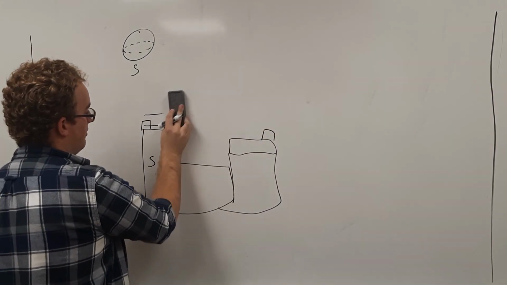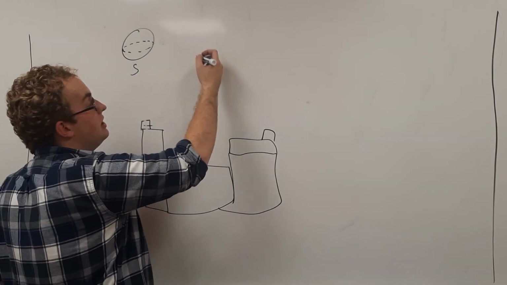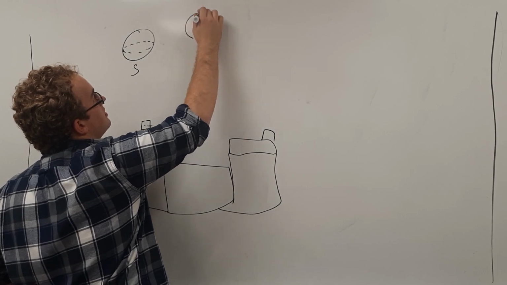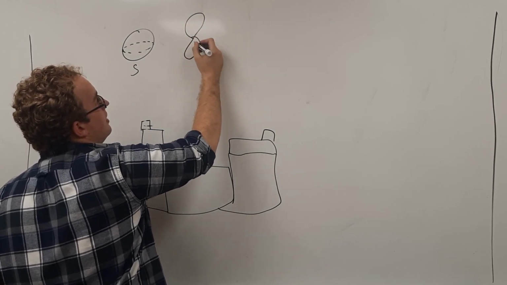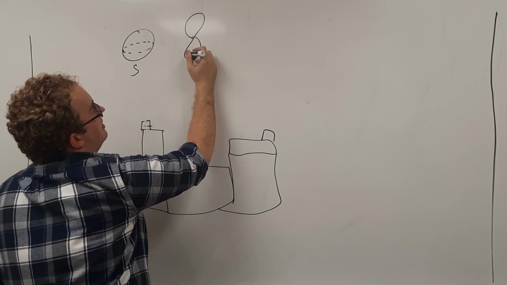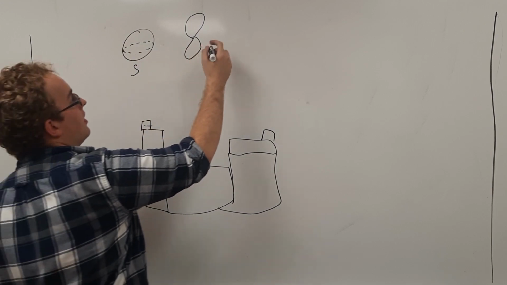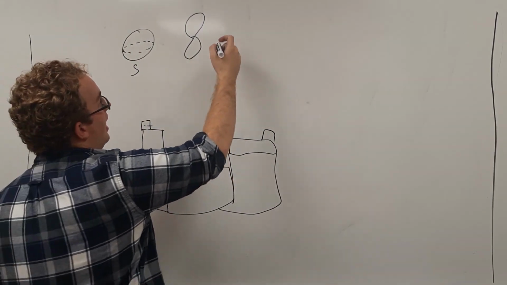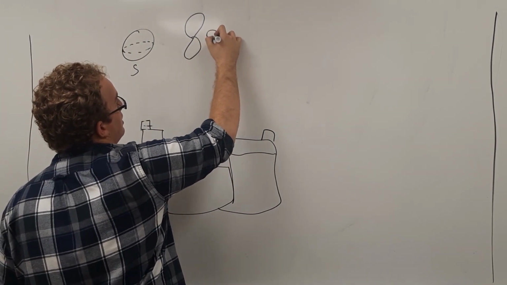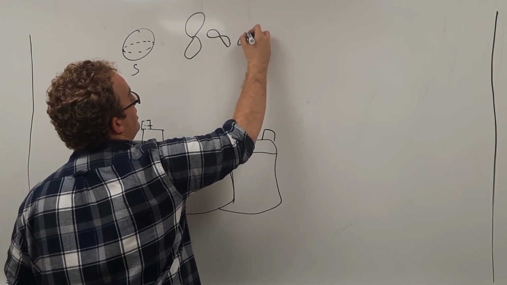Our next type of orbital is called a p orbital. There are some different shapes now. A p orbital looks more like a dumbbell, like this, where it's really thin here in the middle by the nucleus, and then it's wider out here. It can either look like it's vertical, or it can look like it's coming forward in the x direction, or it can look like it's coming in the z direction.